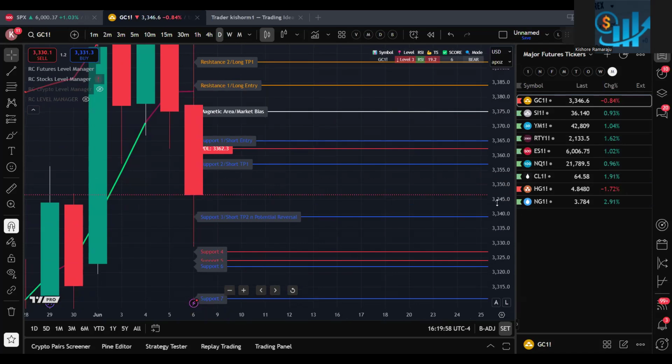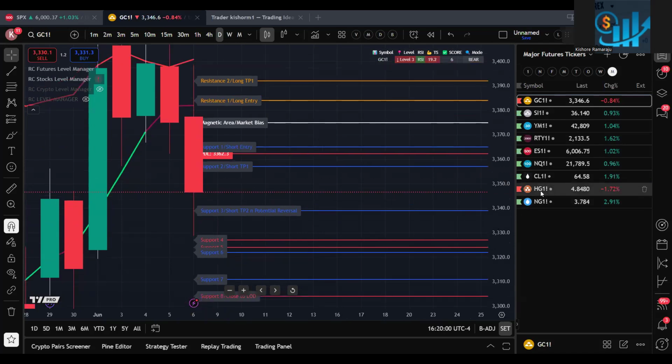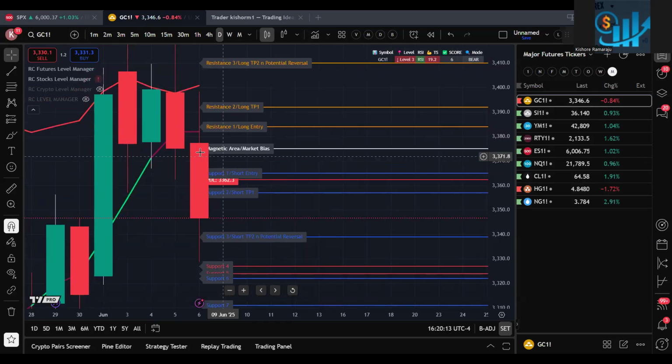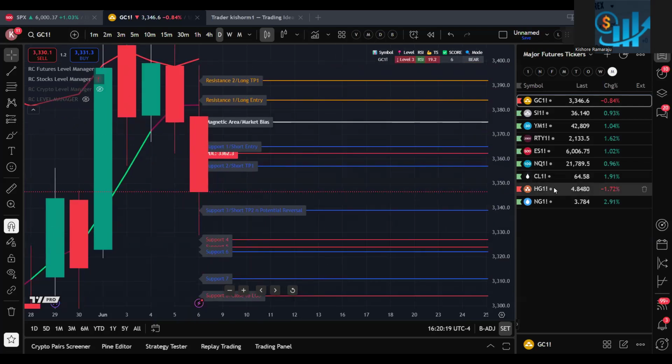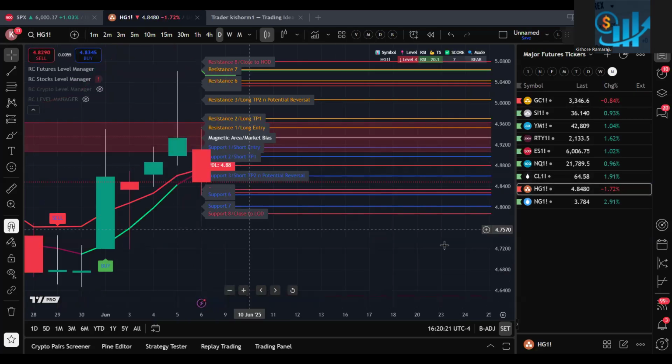That means if I don't see a sell signal for copper, then this is the second best opportunity. But if I get a sell signal for both at the same time, I'll focus on the copper rather than gold. Because gold for some time was above the magnetic area, but copper was completely below the magnetic area.